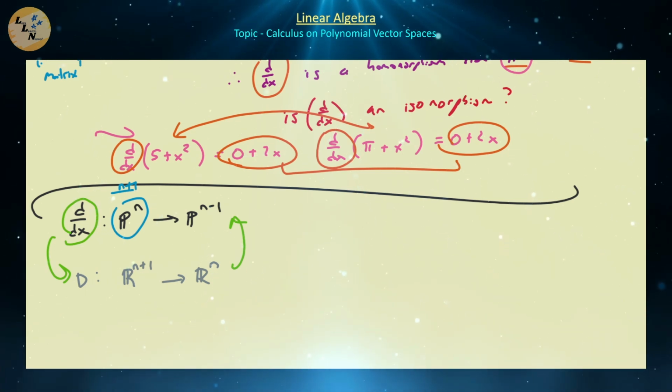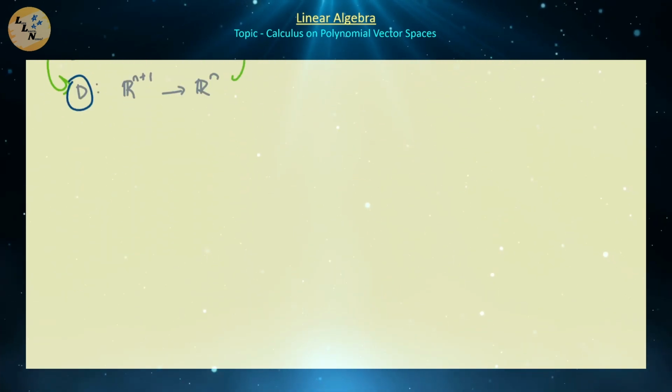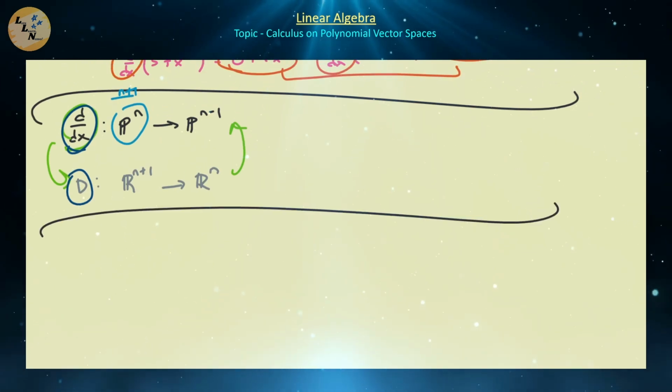But is there a numerical matrix representation for this derivative homomorphism? And that's one thing that I want to dive into today, because that definitely is going to have a lot of numerical advantages, especially if you want to start developing your own numerical schemes for whatever applications you have.